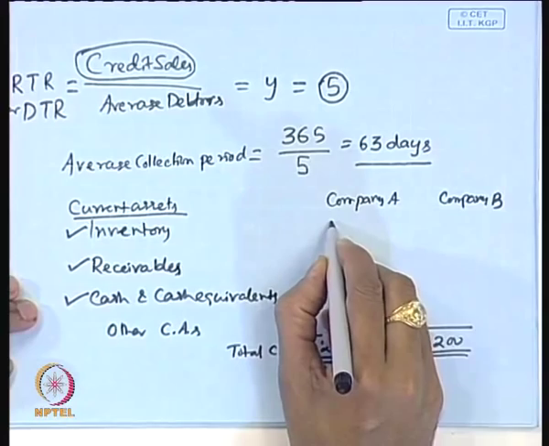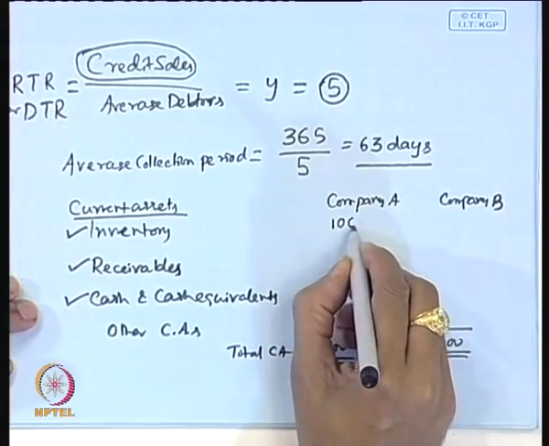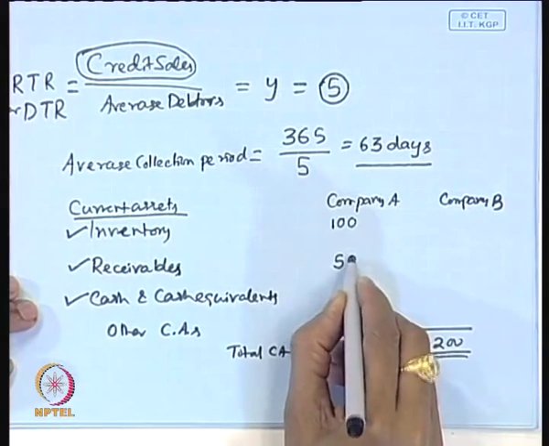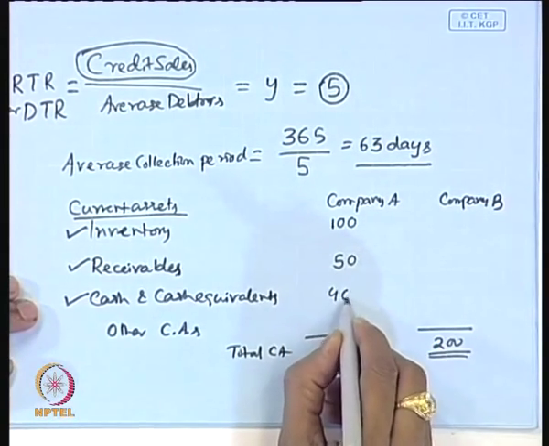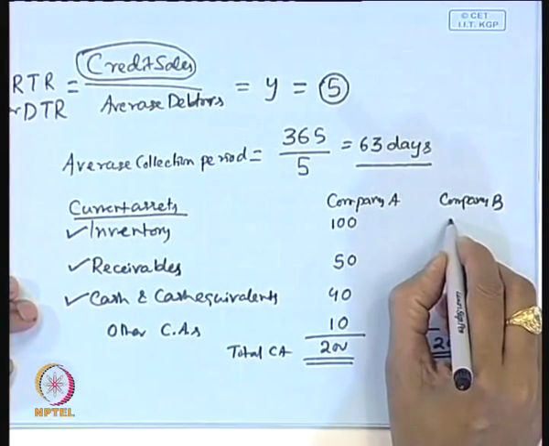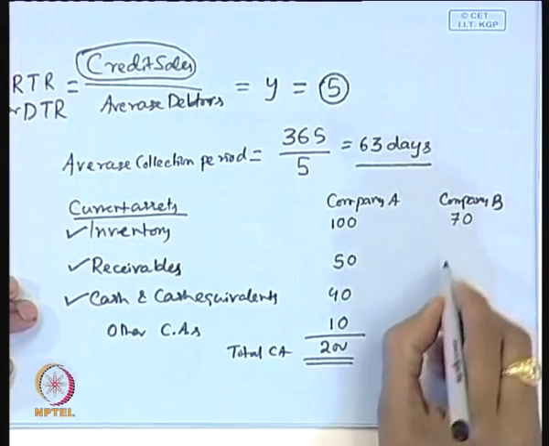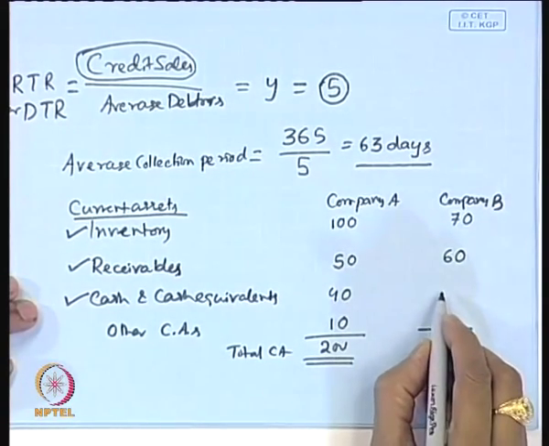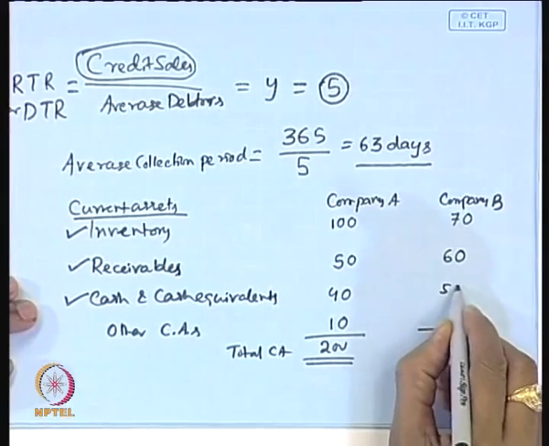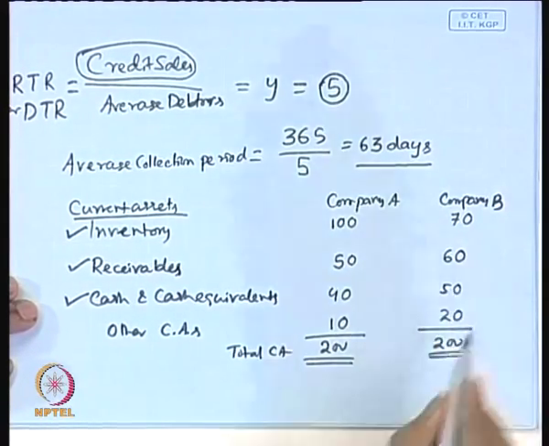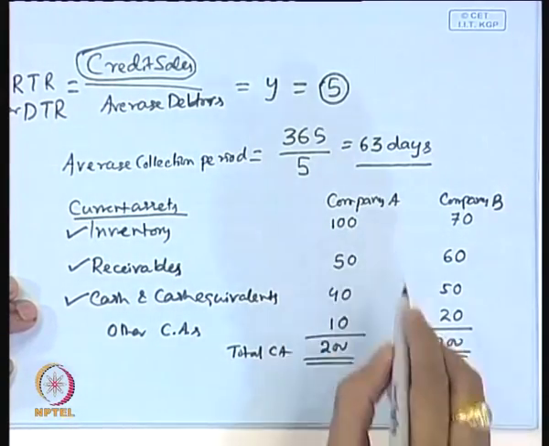Company A has 100 rupees in terms of inventory, 50 in terms of receivables, 40 in terms of cash, and 10 in terms of other current assets, whereas company B has got 70 in terms of inventory, 60 in terms of receivables, 50 in terms of cash and 20 in terms of other current assets.